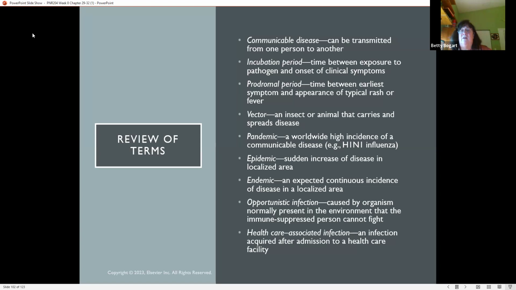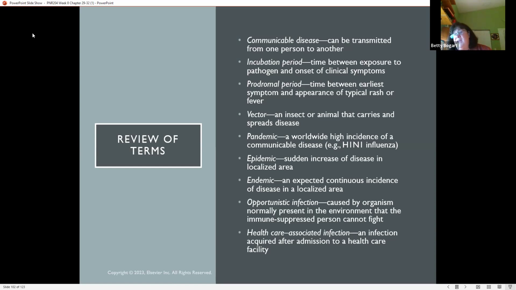Vector is the insect or animal that carries and spreads the disease. Ticks, right? Lyme disease. Pandemic, that's COVID. Epidemic is just Miami, just New York, just an area. An opportunistic infection is caused by an organism normally present in the environment that the immune suppressed person cannot fight.